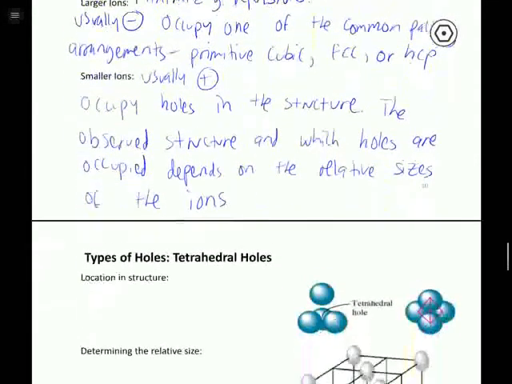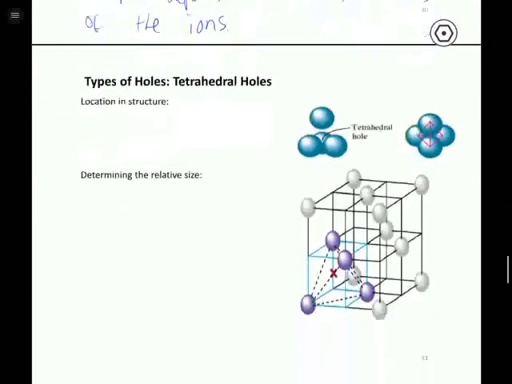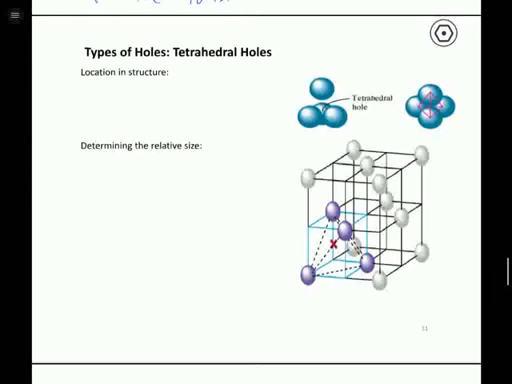All right, so let's start getting into the types of holes. We probably won't finish all of these today, so we'll continue on it next time, but let's use a little bit of our remaining time. The first type we'll talk about are the tetrahedral holes. If we think about two close-packed layers of atoms, you have three atoms touching each other in one layer, and then you have one that sits above there. And so you have this dimple here in the center that's going to be a gap in the structure.